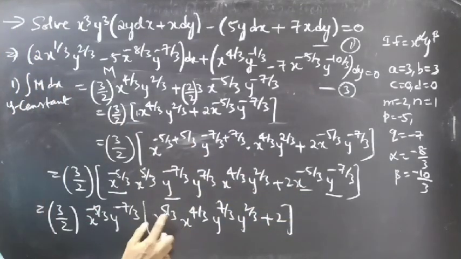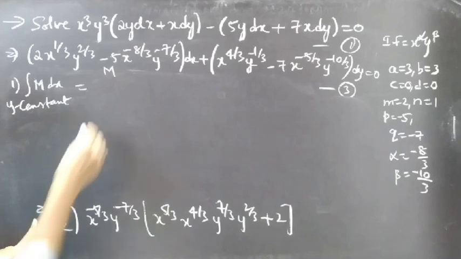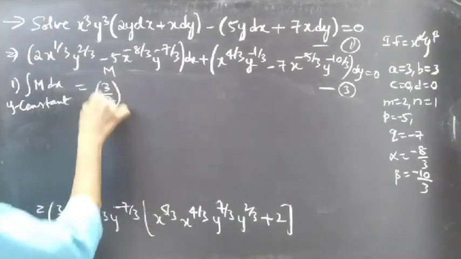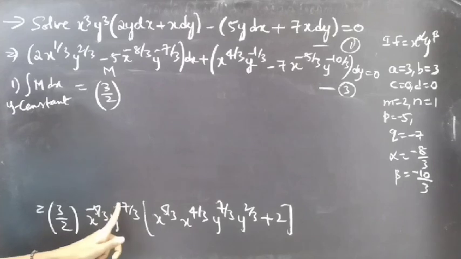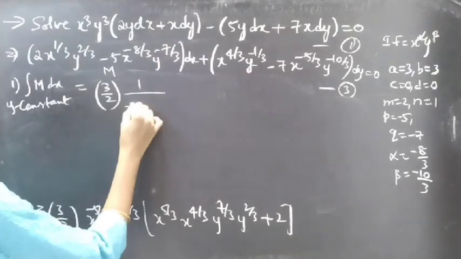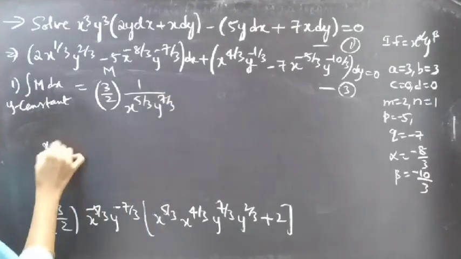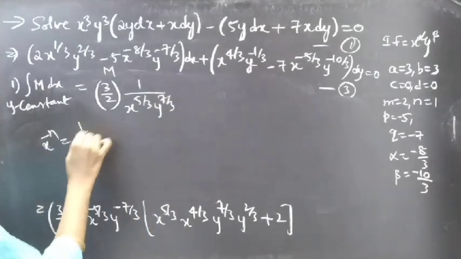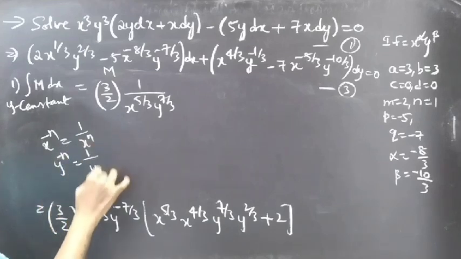Here the bases are equal, so we'll add the powers. Then we can write this as 3 by 2 into x to the power minus 5 by 3 into y to the power minus 7 by 3 can be written as 1 by x power 5 by 3 y power 7 by 3. Since x power minus n can be written as 1 by x power n, likewise y power minus n can be written as 1 by y power n.